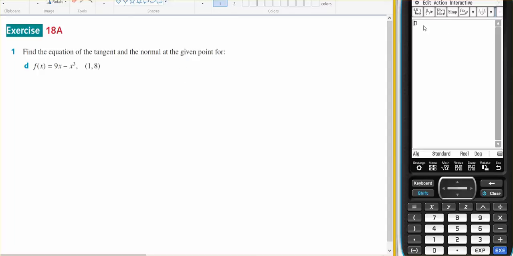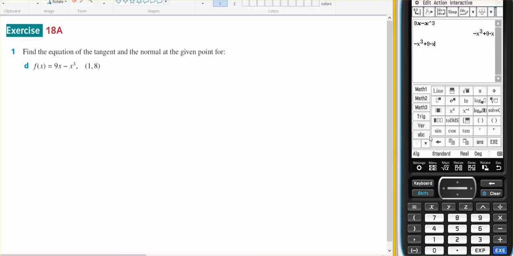If I was to choose the technology method, I've got 9x minus x cubed. Just xy, just to make sure that's correct, and it is. I could take the derivative, keyboard, select Math 2, derivative with respect to x.